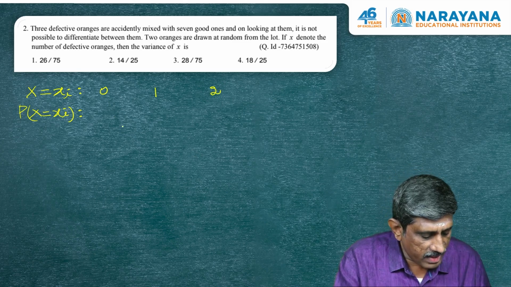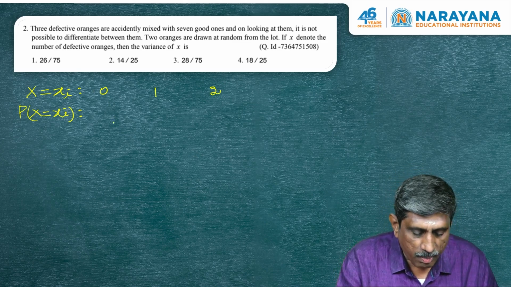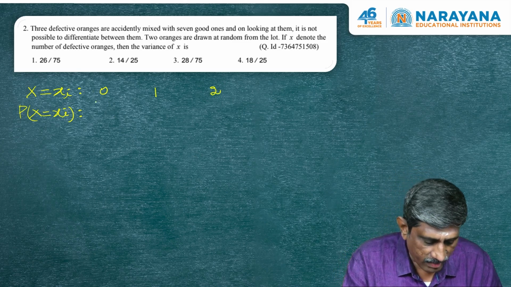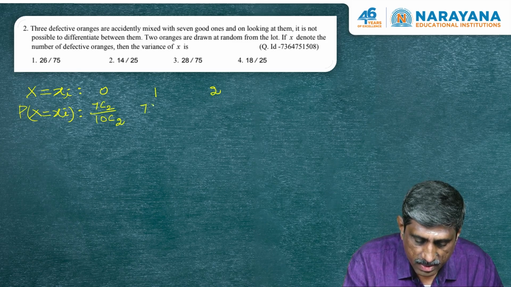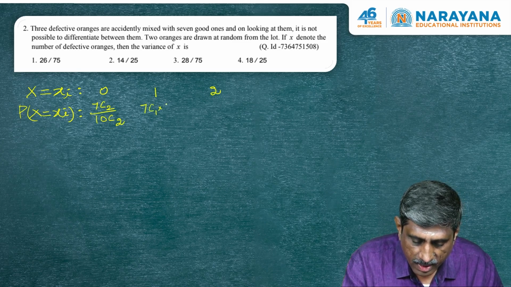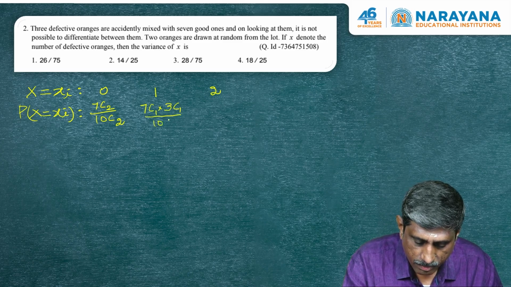So, when we see 0, the probability of getting 0 defective oranges is 7C2 divided by 10C2. The probability of getting 1 defective is 7C1 into 3C1 divided by 10C2.